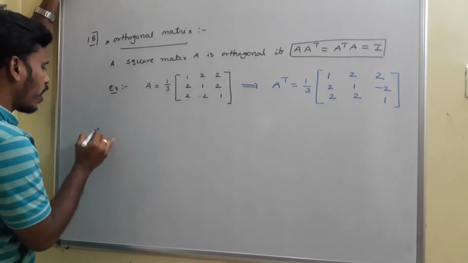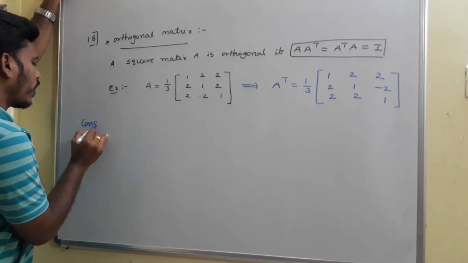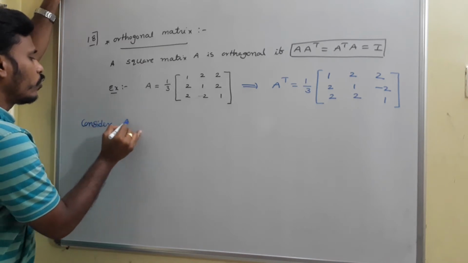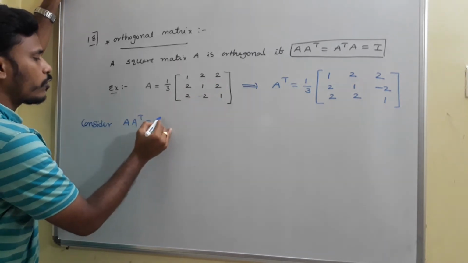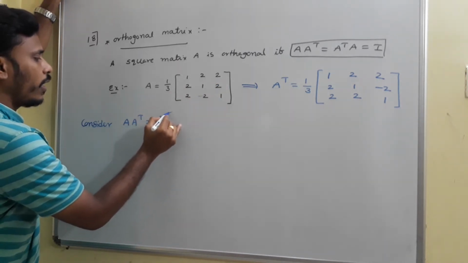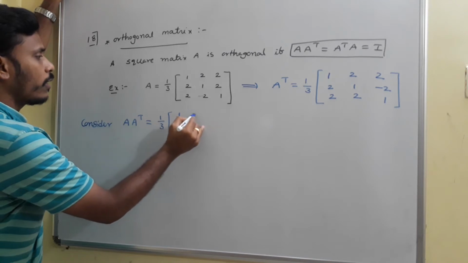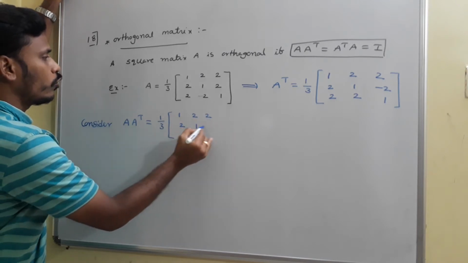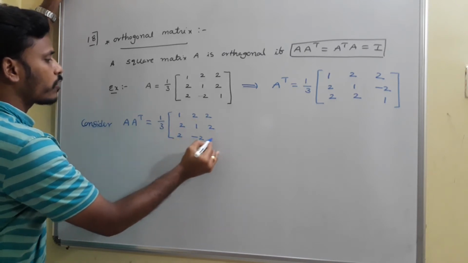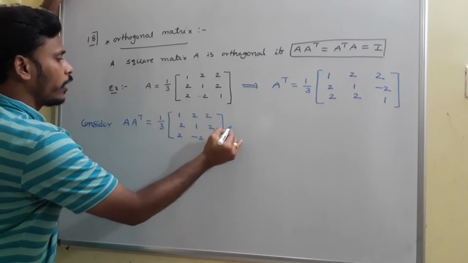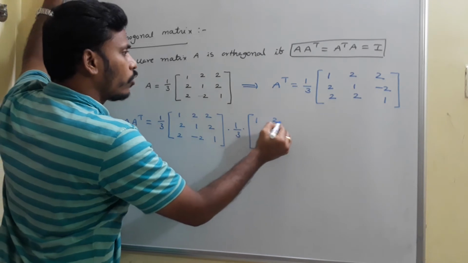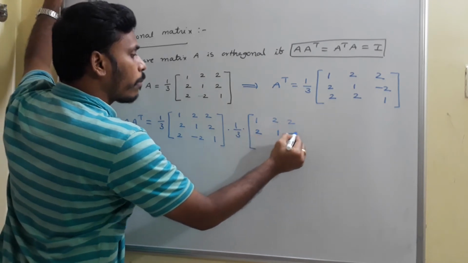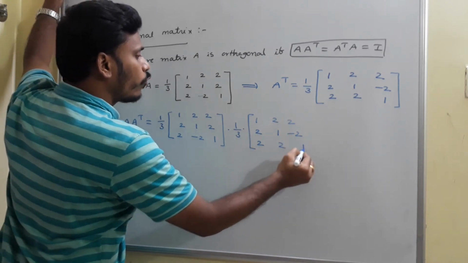Now to check whether it is orthogonal or not, consider A into A transpose. This is A and that is A transpose. A is 1 by 3 times the matrix 1 2 2, 2 1 minus 2, 2 minus 2 1, into A transpose, which is again 1 by 3 times 1 2 2, 2 1 minus 2, 2 minus 2 1.